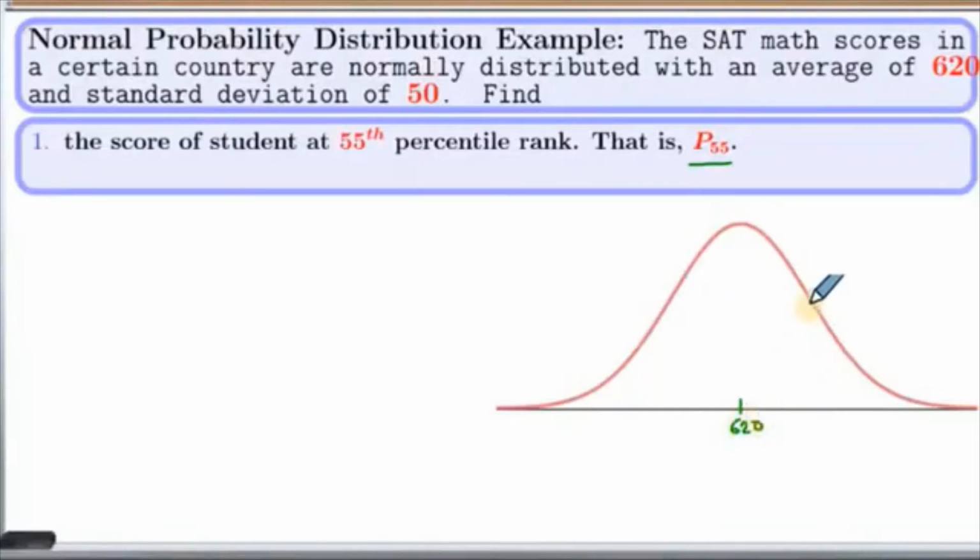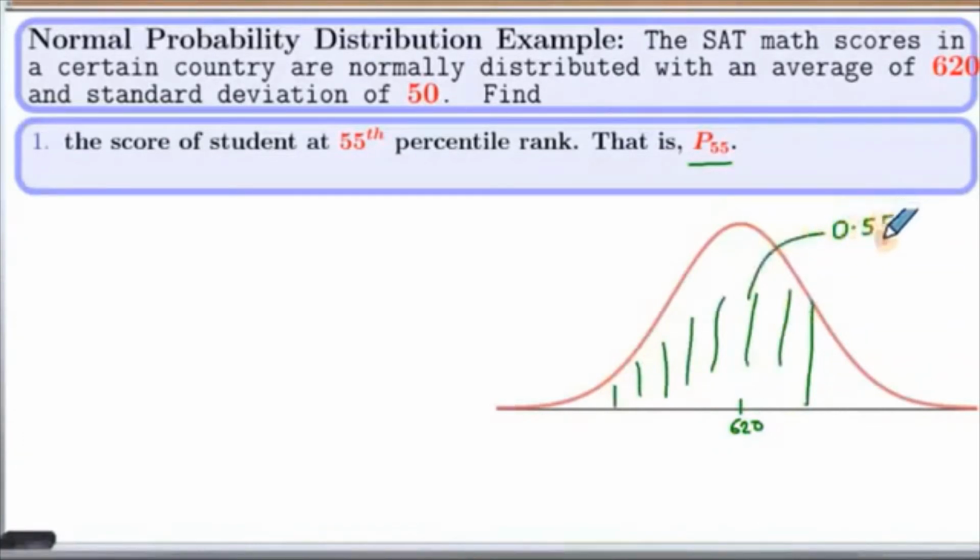And we are given this area to the left, which is 0.55. We are supposed to find this point here using calculator, using Excel, and also using formula. First, let me show you how to find this point using calculator.